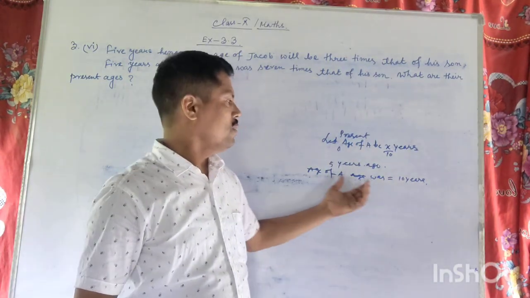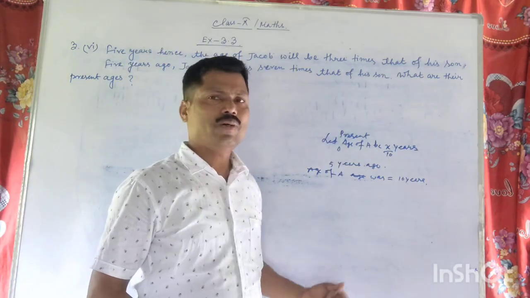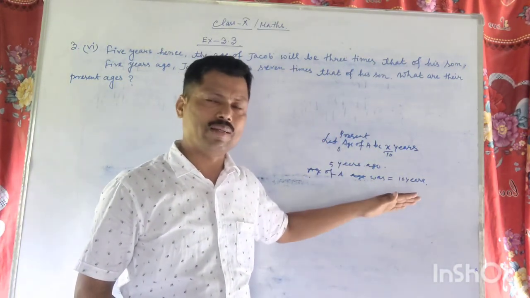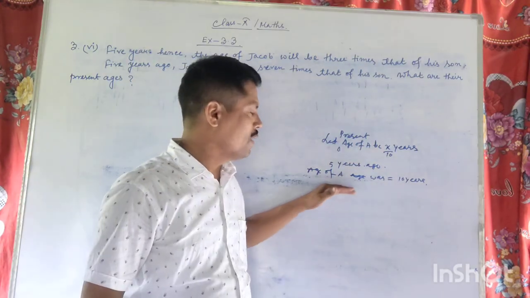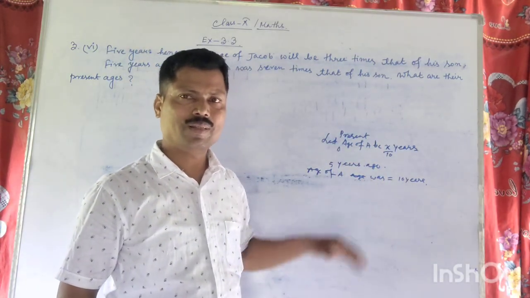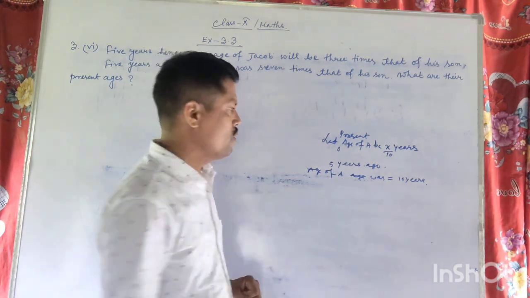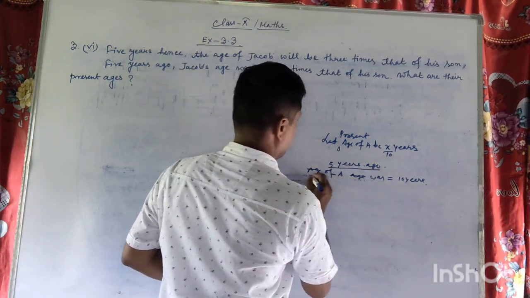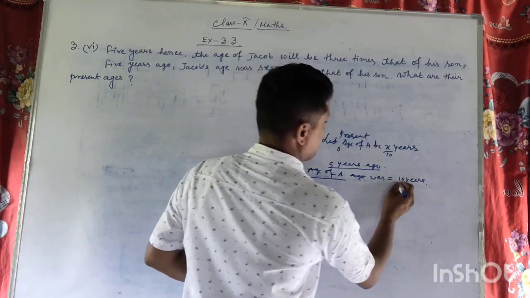Then what is the present age of A? Because 5 years ago it was 10 years. So now you have to subtract.